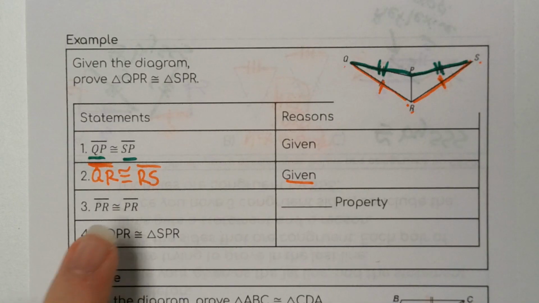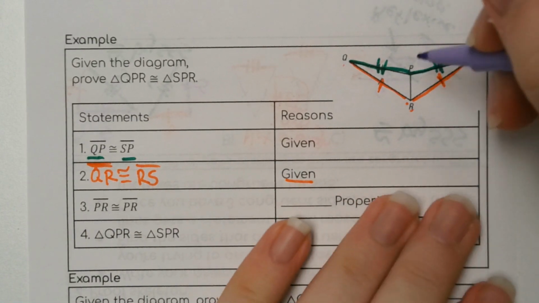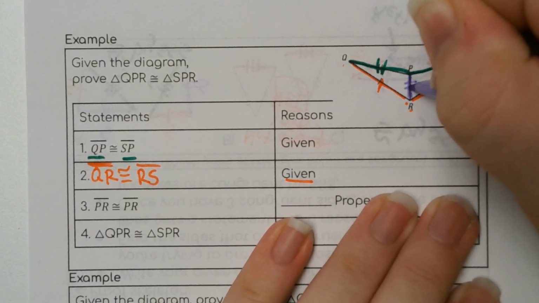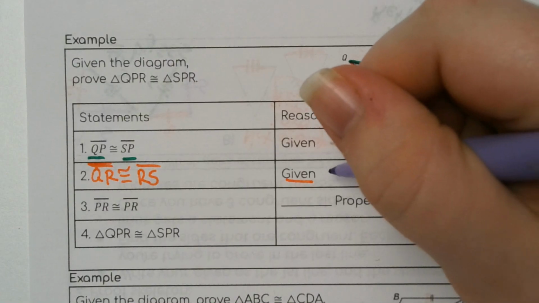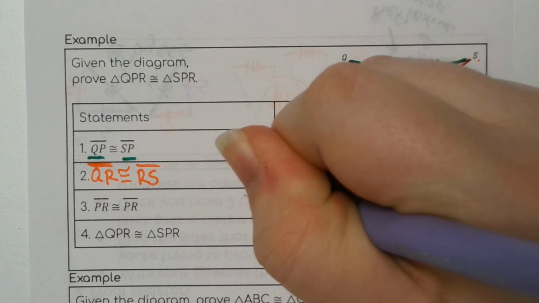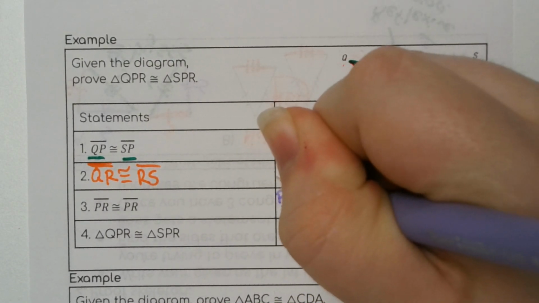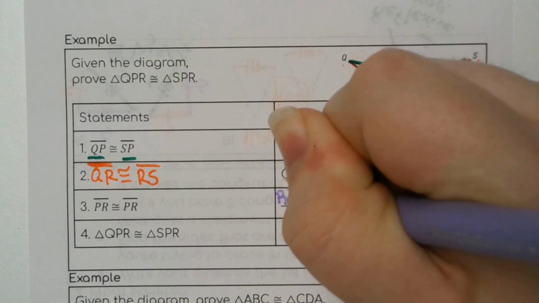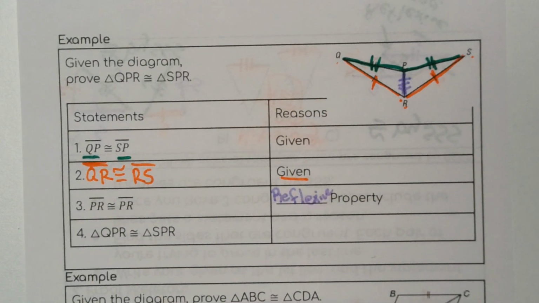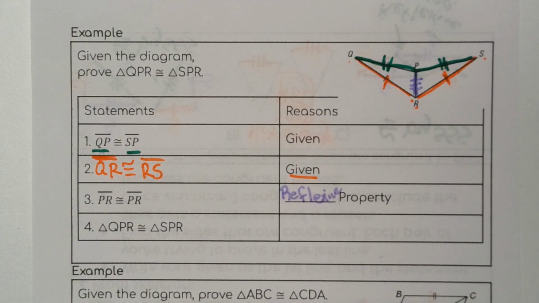Okay, then it's telling me that PR is congruent to PR. Why is that true? Yeah, the reflexive property. I'll write the whole thing, since it's the first time we use it. So reflexive property. Remember, you're the same as yourself. It's like a reflection.